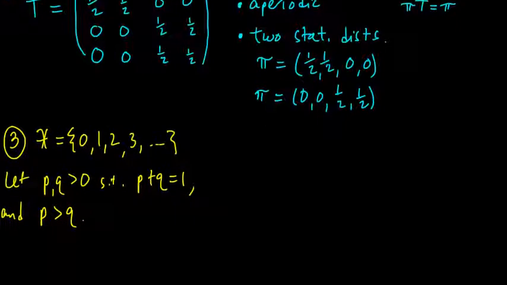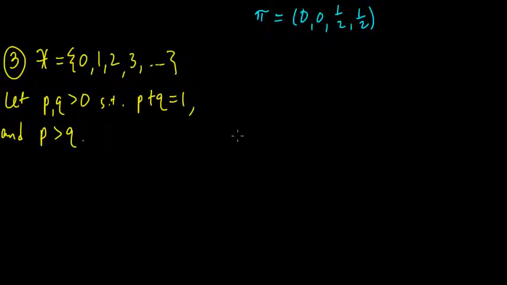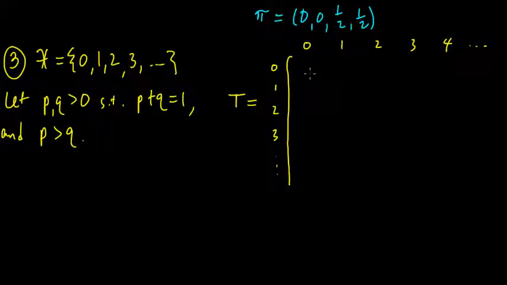And let's write down the following transition matrix. Let's label the rows and the columns. It's going to be an infinite matrix.